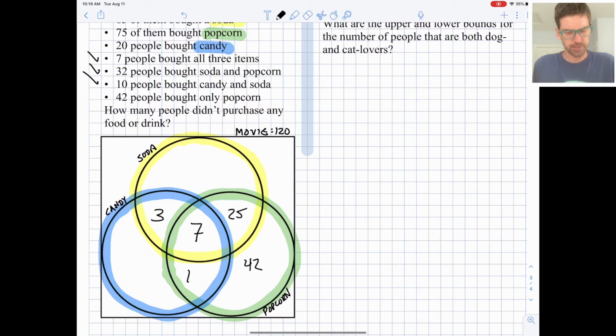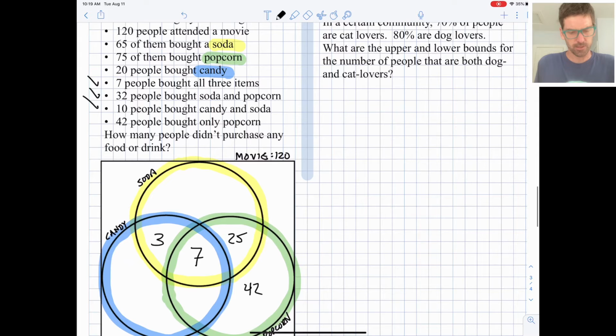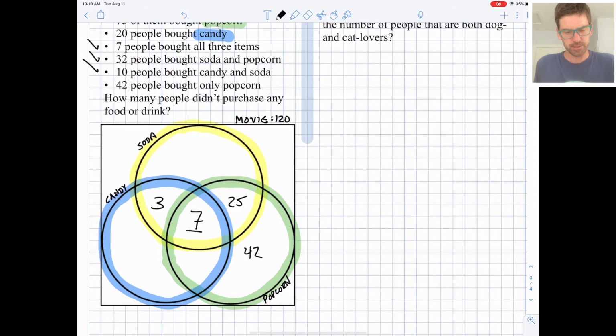I'm going for this one next. The candy, popcorn, but no soda. And so we know that 75 total people bought popcorn. So these numbers have to add up to 75 once we include that number as well. So the 4 numbers add up to 75. So I get just 1 person in there.